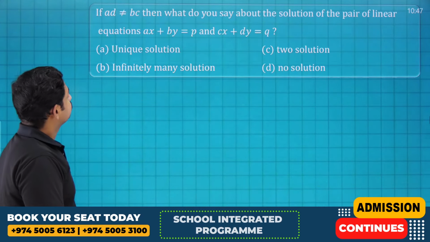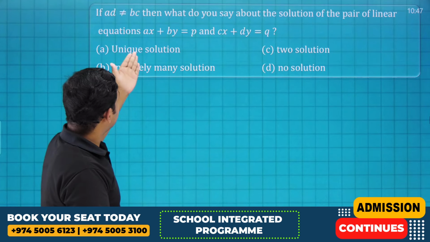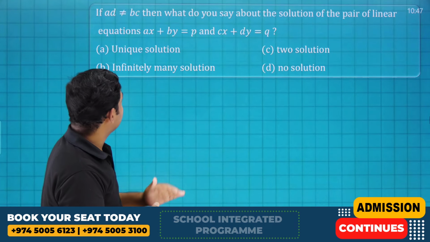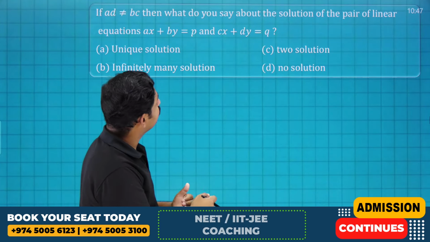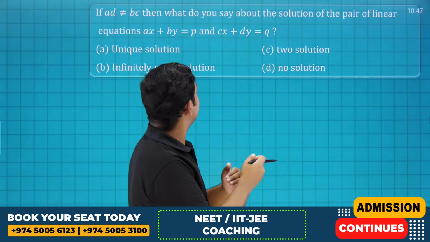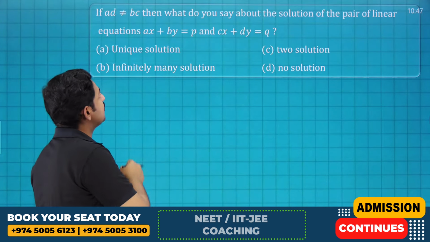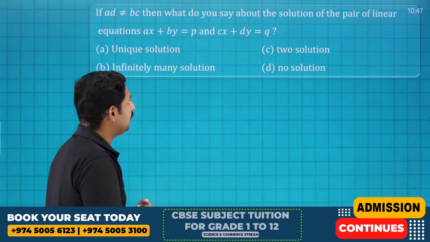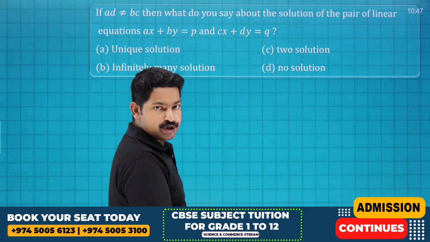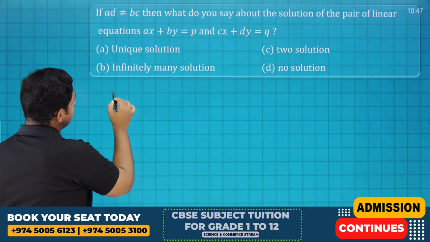Now the next one. If AD is not equal to BC, then what do you say about the solution of the pair of linear equations AX plus BY equal to P and CX plus DY equal to Q? So the two equations are given.